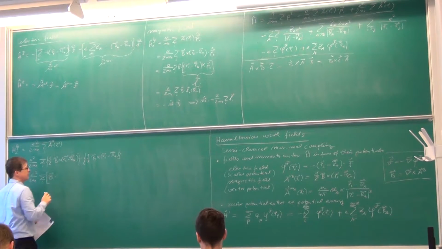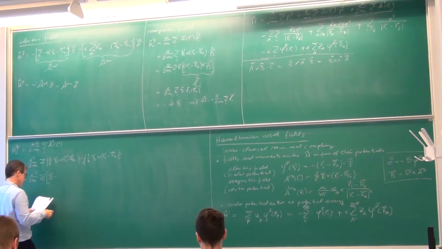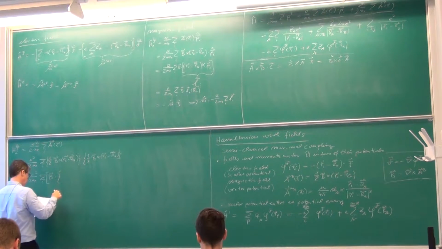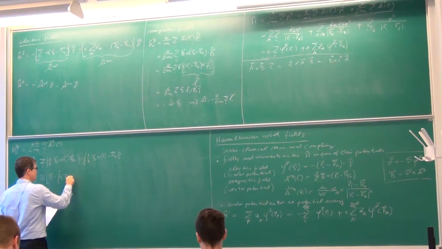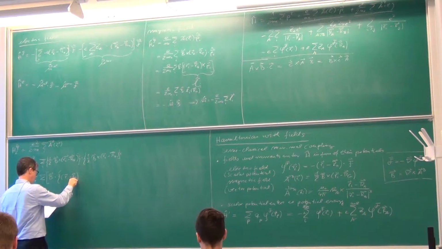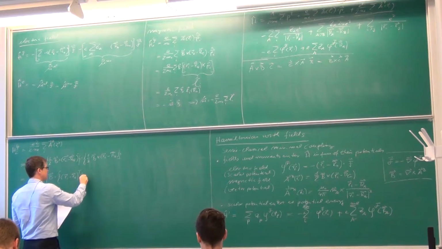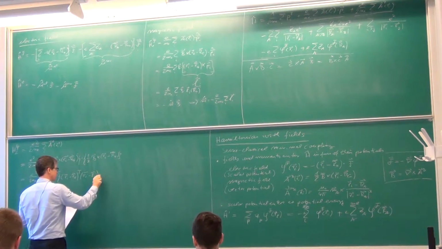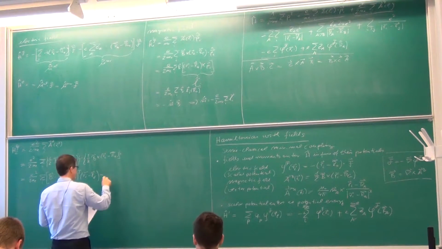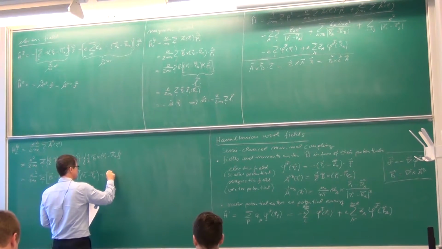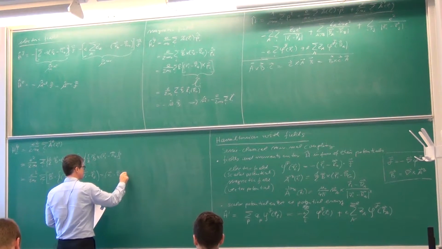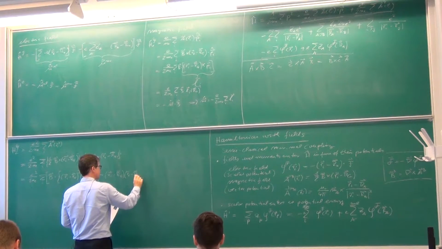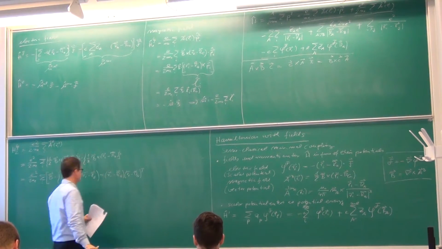I get a magnetic field, one of them, and then I get a parenthesis, and I get this R_i minus R_g transposed times R_i minus R_g, minus the other way around, R_i minus R_g times R_i minus R_g transposed.